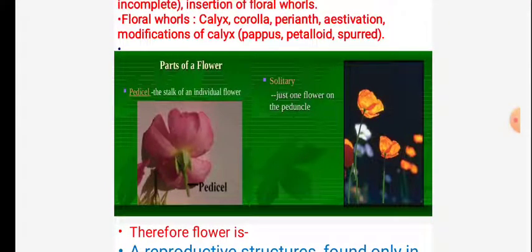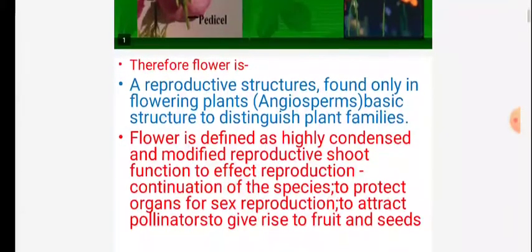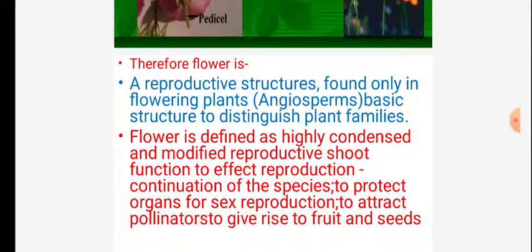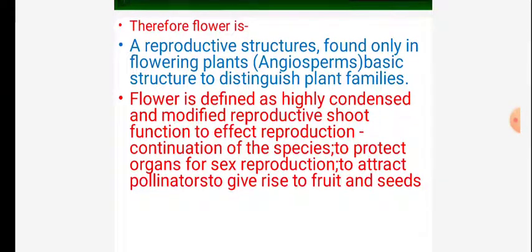Then the first part is the flower. In angiosperms, the reproductive structure is found only in the flowering plants, and it is the basic structure used to distinguish the different plant families.